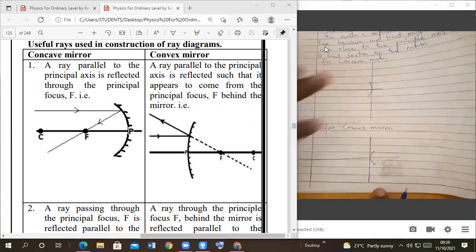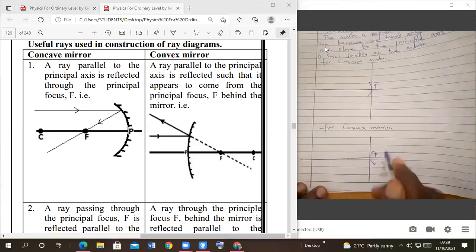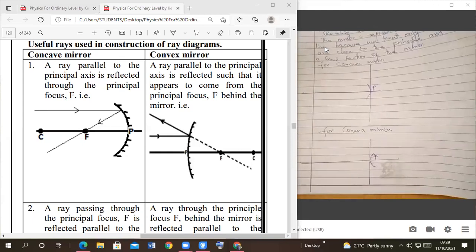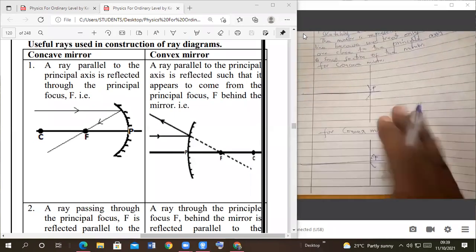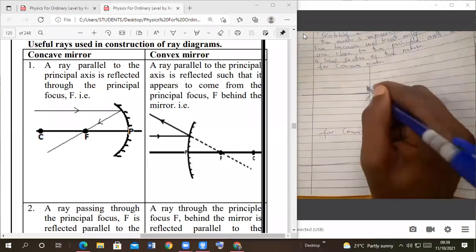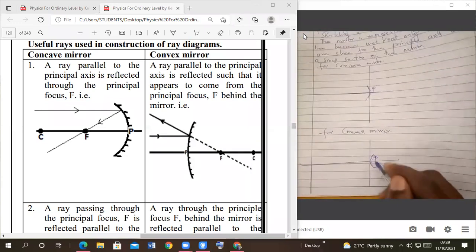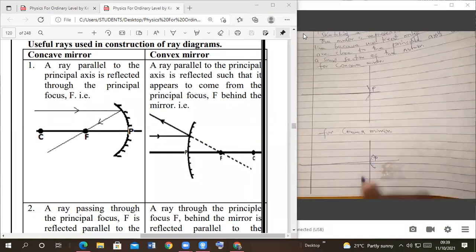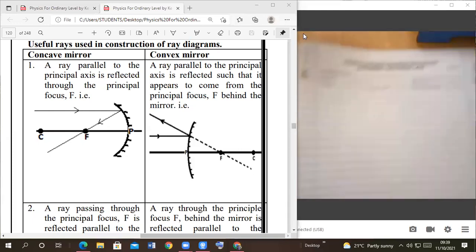This is the pole of the mirror. That's how we present the mirror when we come to the construction of the ray diagram. Are you together, members? You draw a vertical line, then the principal axis. Then to show which type of mirror, you draw a small curve. If it's a concave, that's how we draw it. If it's a convex, this is how we draw it. So now let's go to the steps.